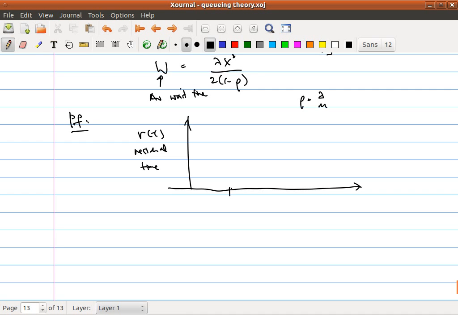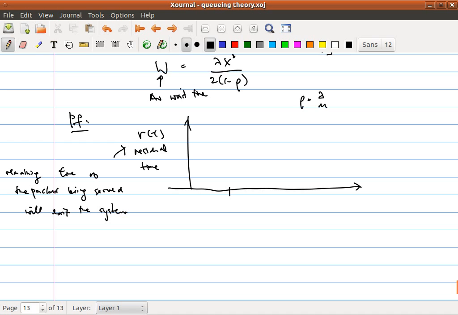So RT here is the remaining time for the packet being served to exit the system.